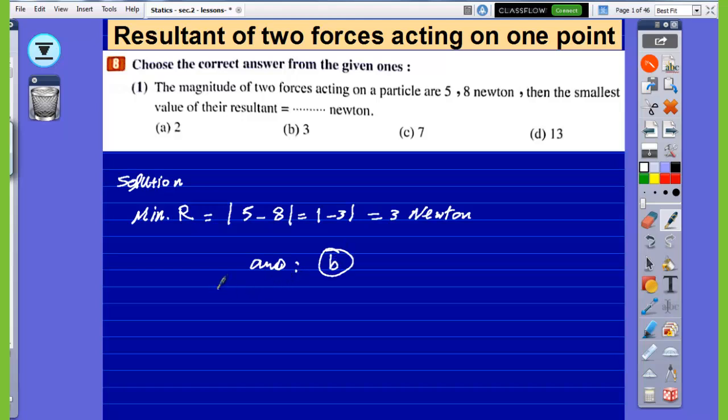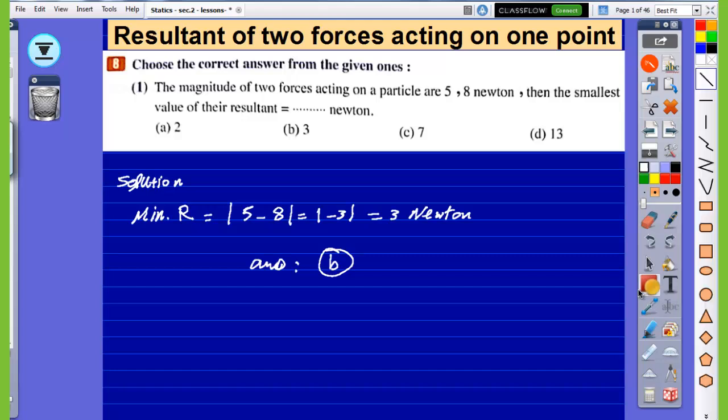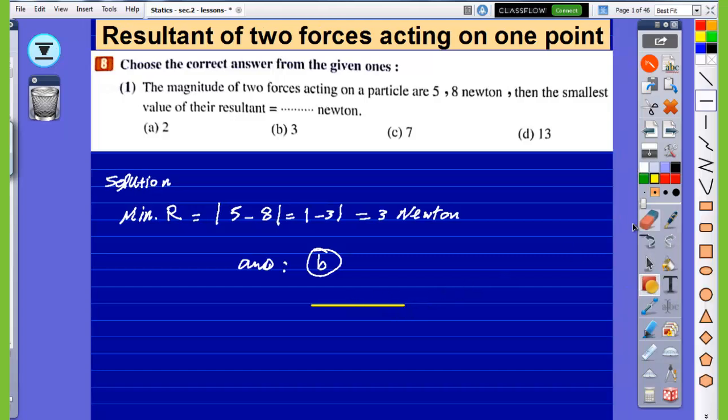Notice that in this case, if we have the first force F1 in this direction, of course the second will be in the opposite direction, starting from the same point.